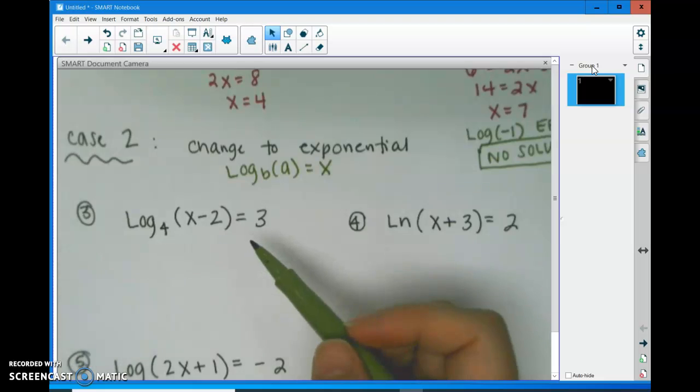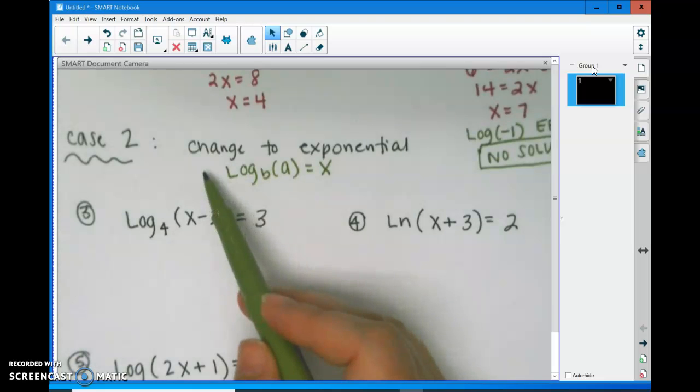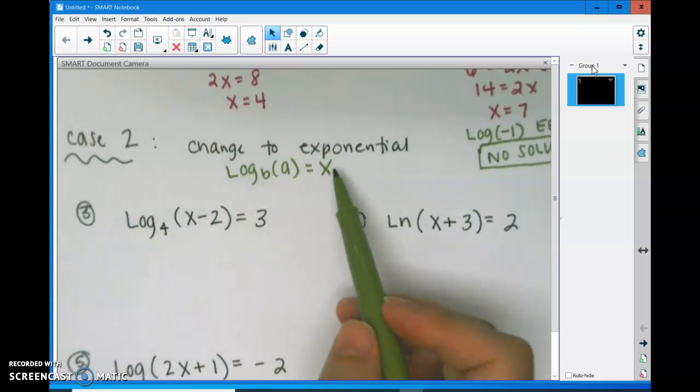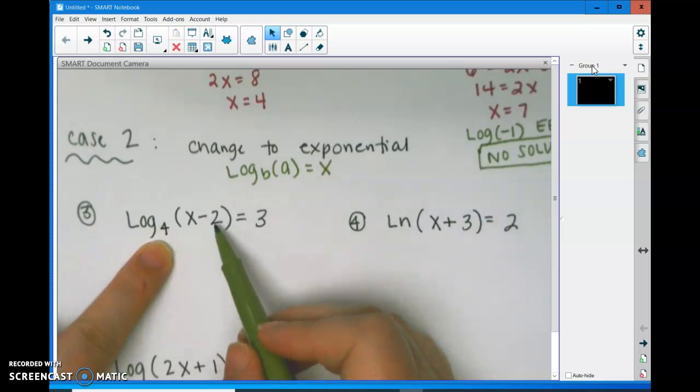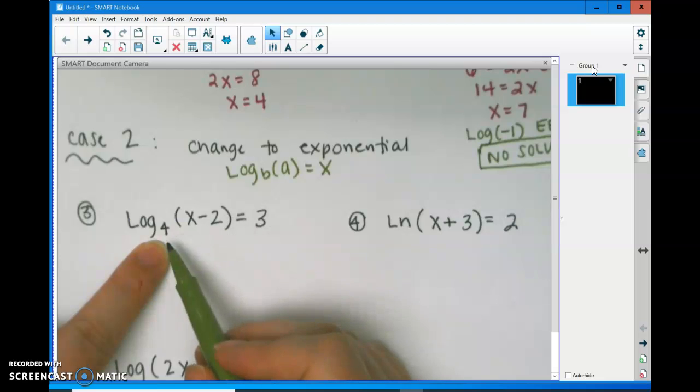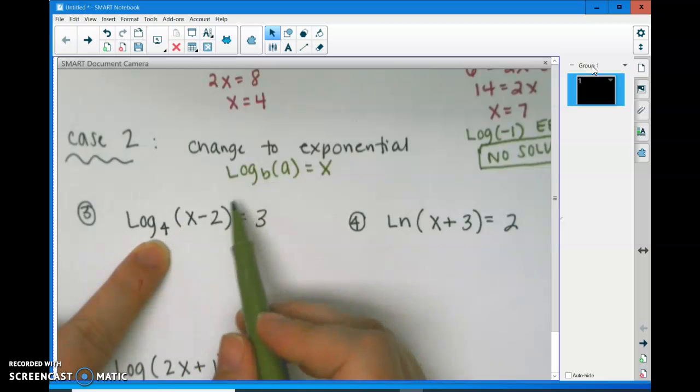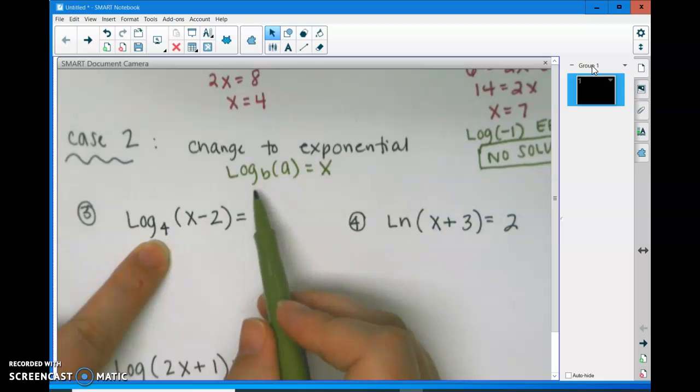So same thing with exponential functions. If I'm multiplying by something, I'm going to have to get rid of that. If I was adding or subtracting something at the end, I would want to get rid of that first. But this example is good to go because it's just the base and the argument. So if you remember, the base of my exponential is the same as the base of the logarithm.